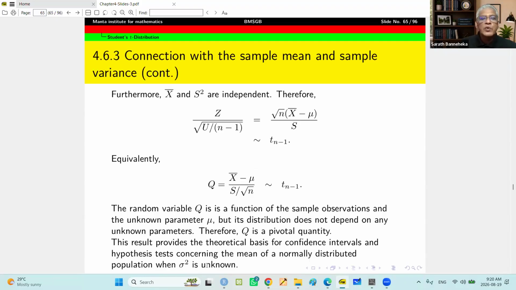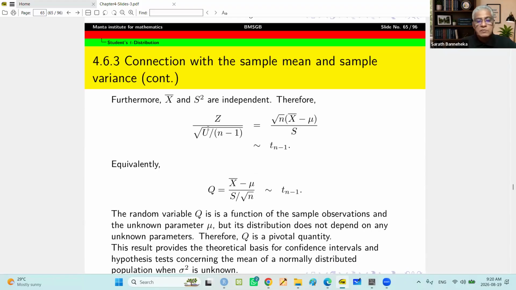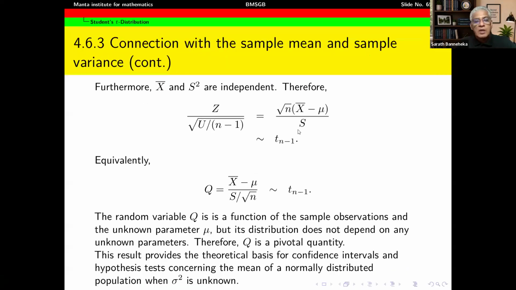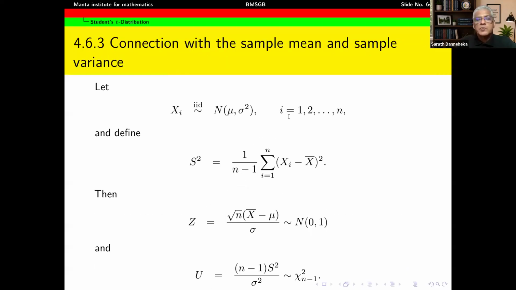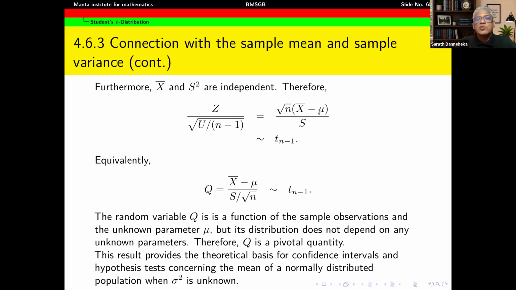So if we look at this ratio, z divided by the square root of u divided by the corresponding degrees of freedom, and if you substitute for the z and u from the previous expressions, we get this expression here: x bar minus mu over S over root n, and now root n goes to the numerator because of that.